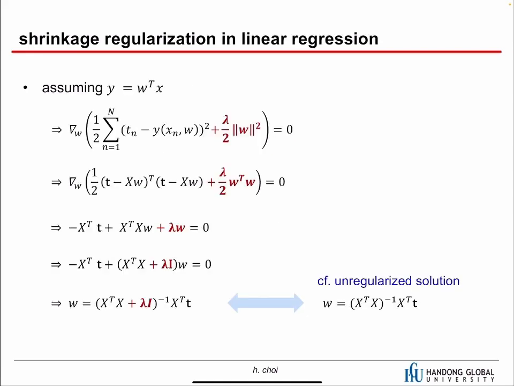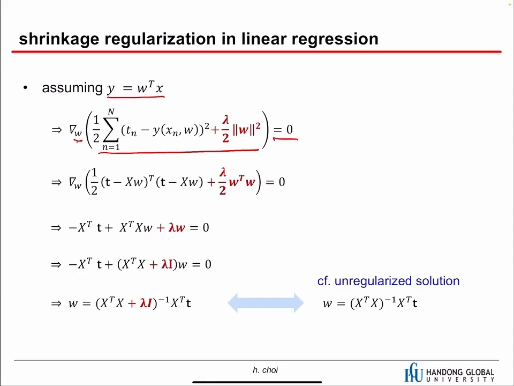Let's assume that we are using a linear regression with this function. And this one is our objective function with the regularization. We can take a derivative with respect to w and set it to 0.